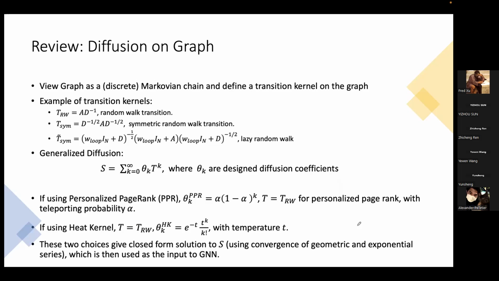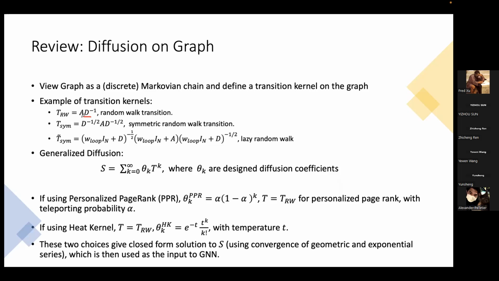The unnormalized one we generally term a kernel. The transition kernel of a graph comes in different flavors. This one is called the random walk transition. You have your adjacency matrix and the degree matrix, and you divide the adjacency matrix by the degree. Basically, you weight the transition probability from one node to its neighbors by the degrees.